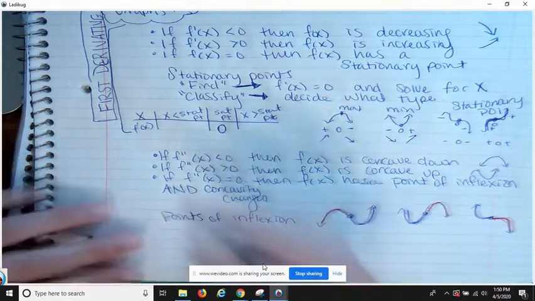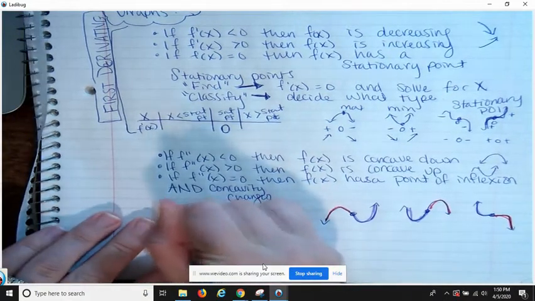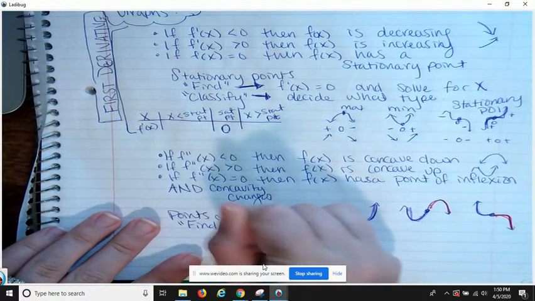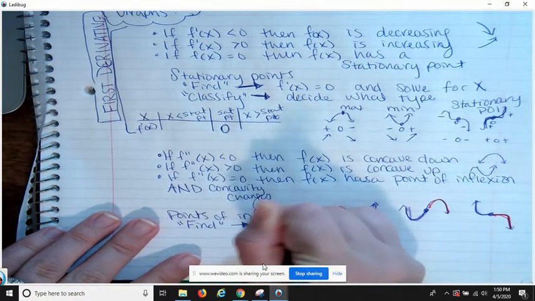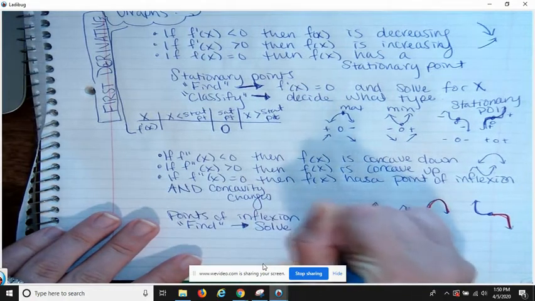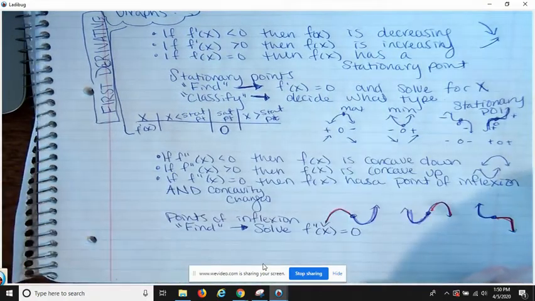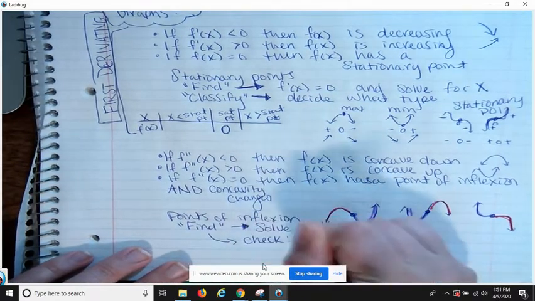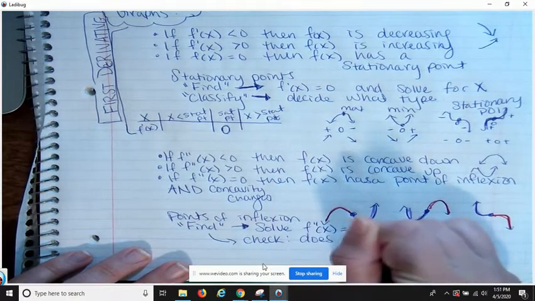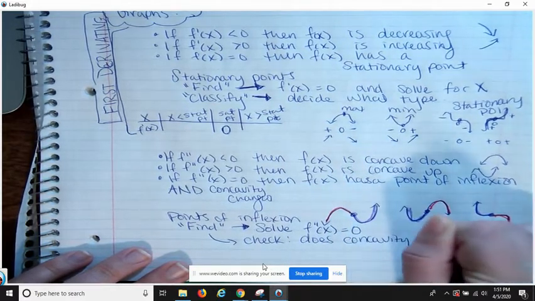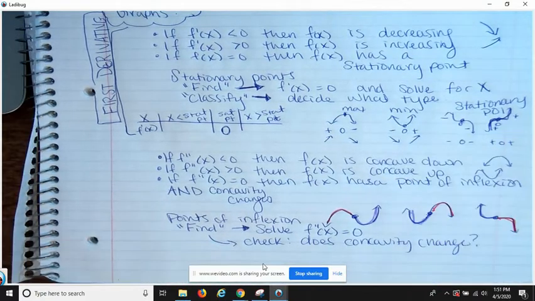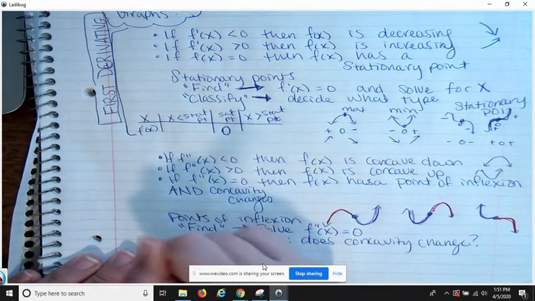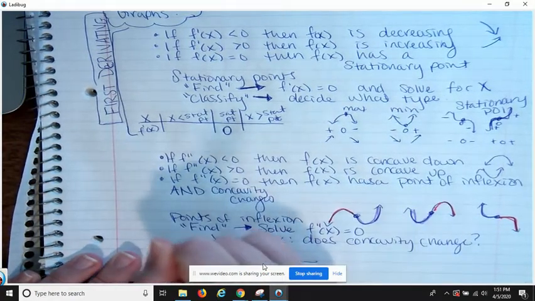So to find these, we solve f double prime of x equals 0. Okay, and we have to check, does concavity change? Okay. So in order to do this, we would take x and we would make a table, but this time we have our table with f double prime of x.